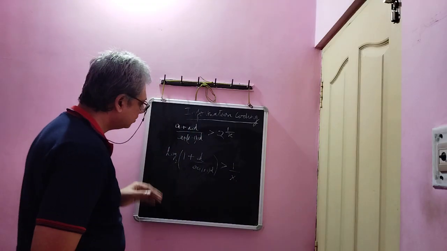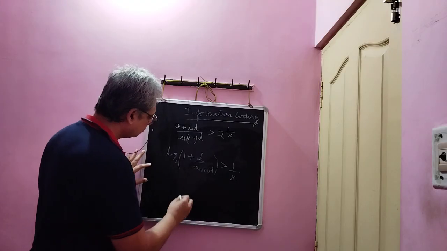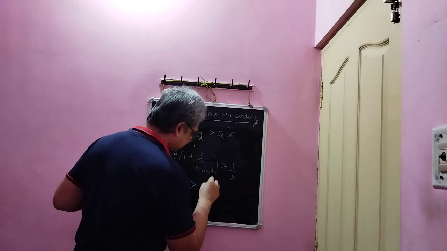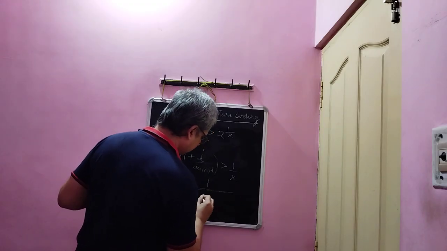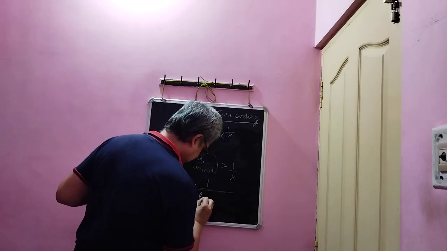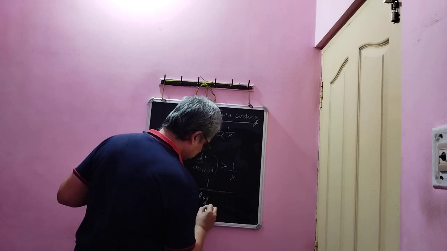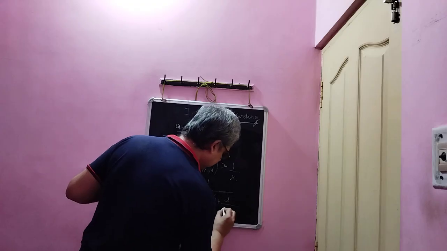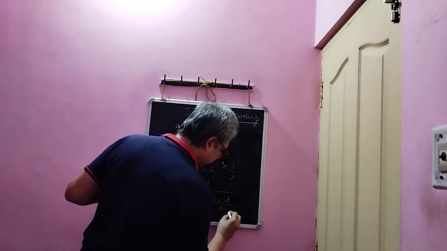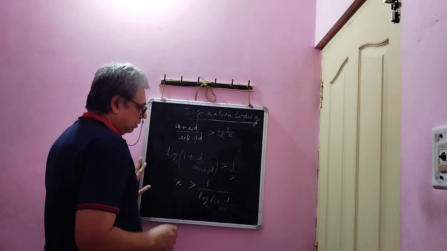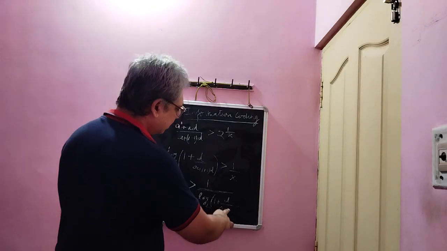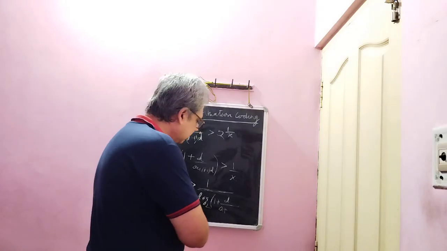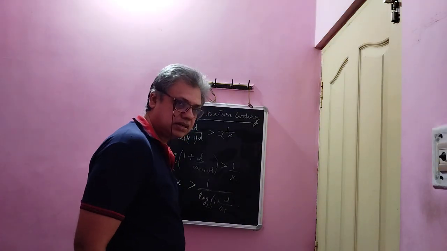In other words, x must be greater than 1 by the binary log of 1 plus d by a plus i minus 1 into d. As you can see, this value of a plus id by a plus i minus 1 into d will lie between 1 and 2.